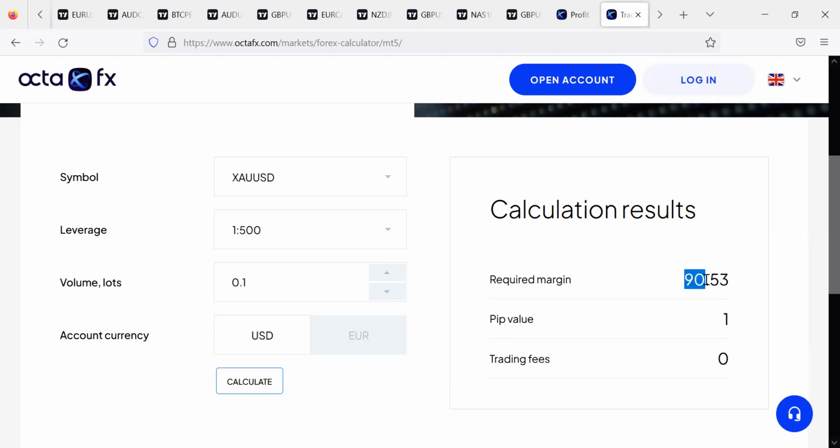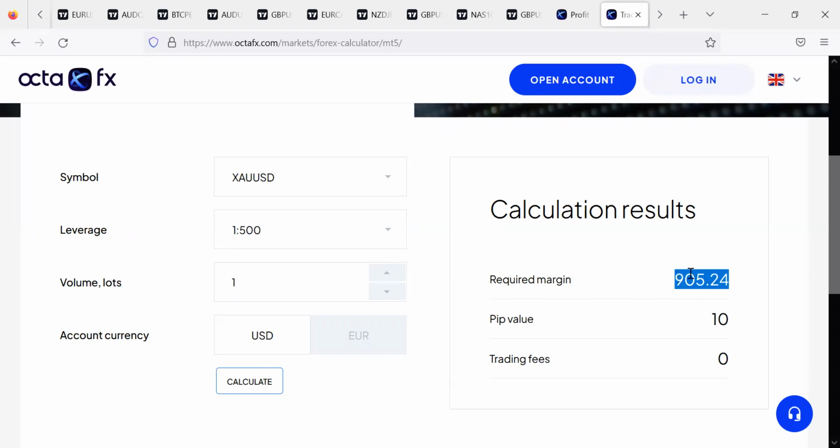So I need to have at least $4,500 in my account, which is just 5%, if I can take the 0.1 lot trade. Then if it's one lot, I need to have at least 10%, which is $90,000. Sorry, is it $90,000? $905.